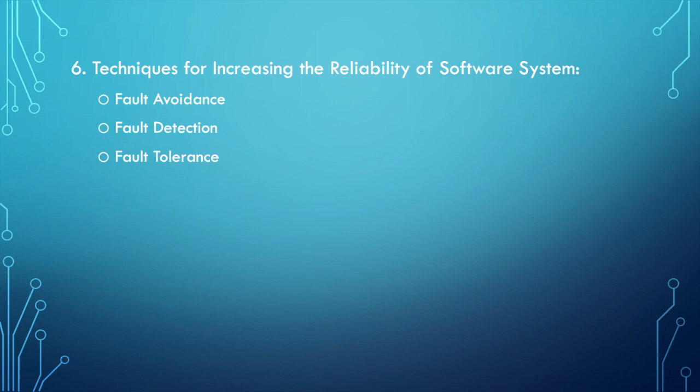So fault tolerance is a technique for increasing the reliability of the system. Let it occur. Anyway, it doesn't cause too much problem. All we need to do is reboot the system.